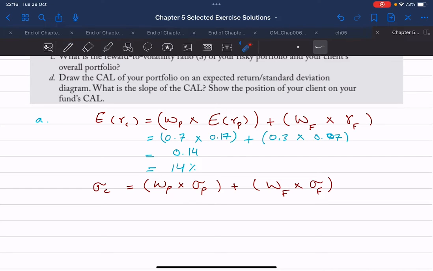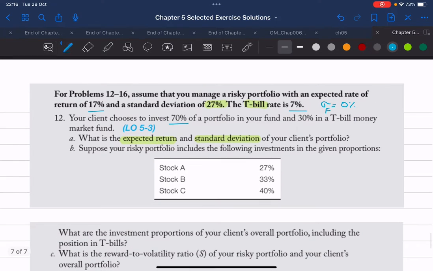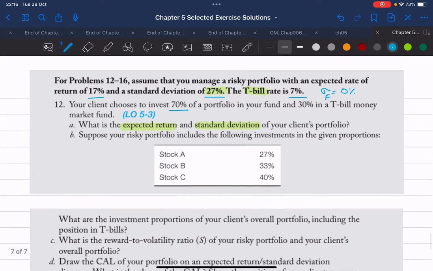Now, because this is 0, all of this term is going to go away, right? So all we need to do now is calculate the numbers on the left side of the equation. So just substitute the weight. We already know that it's 0.7, which is 70%, multiplied by the standard deviation of the risky portfolio, which is 27%.